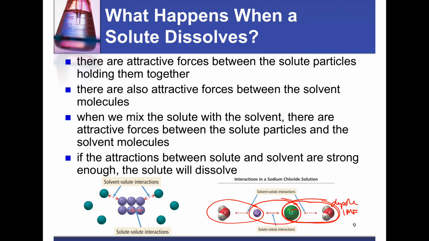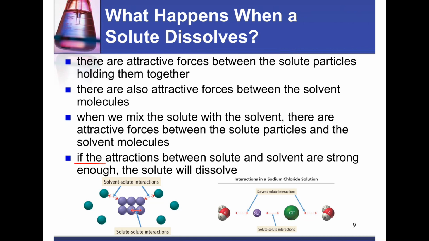But if the particle attraction between them, the solute-solute interactions, which here is an ionic bond, is stronger, then the sodium and chloride are going to stay together. So that's the push and the pull. They're being pushed together here, but pulled apart by the solute-solvent interactions.